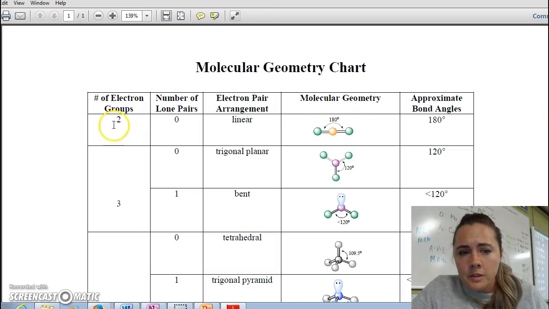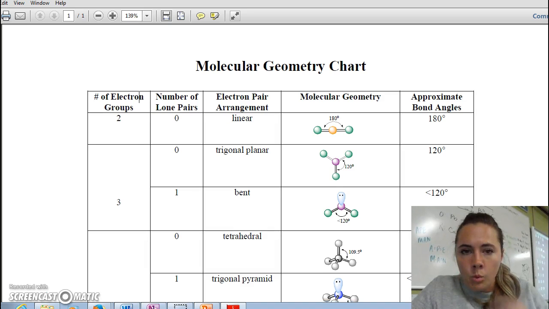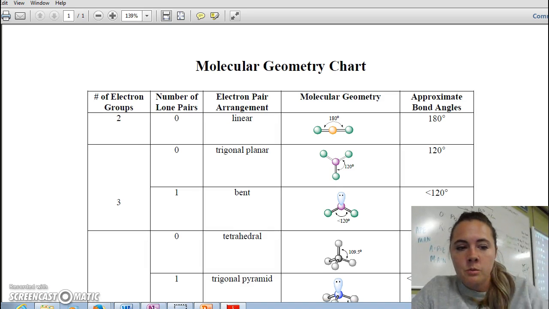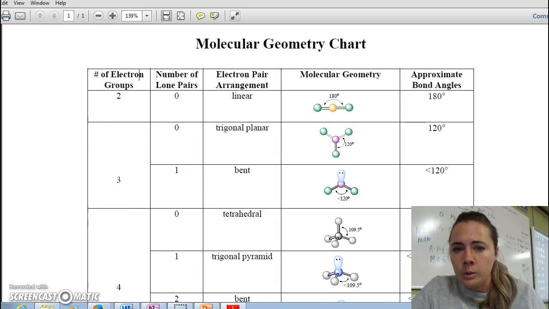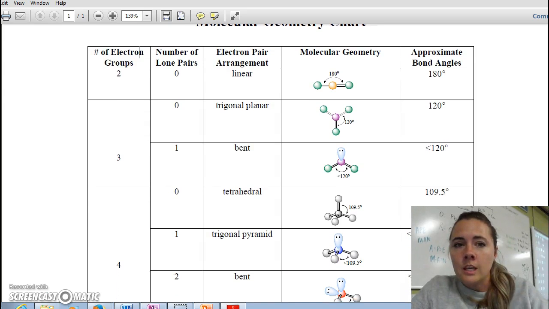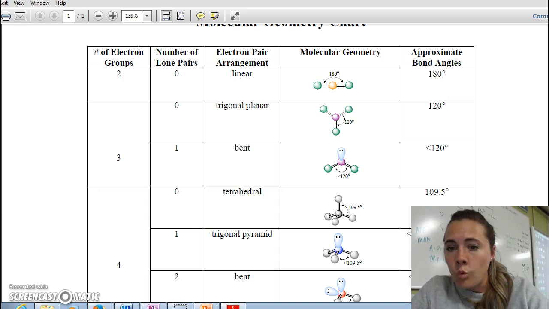So it says groups of electrons. Right here I would change this to domains. I can't because it's a PDF. But this will be up on the website, and if you want to cross that out and write domains, that will help you a lot. So if you are looking and you've got 3 domains, but then you have one pair of non-bonding electrons, then you can see here that if you only have one set of non-bonding electrons, then your electron arrangement is bent.